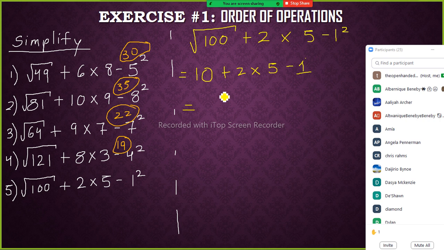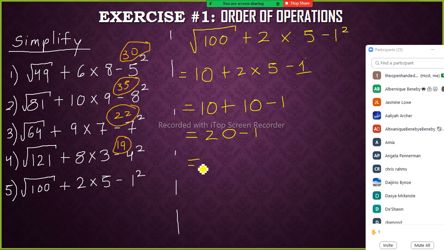It's going to be equal to 2 times 5, which is what? 10. 10 plus 10 is 20. Very good. 20 minus 1 is what? 19. Very good.